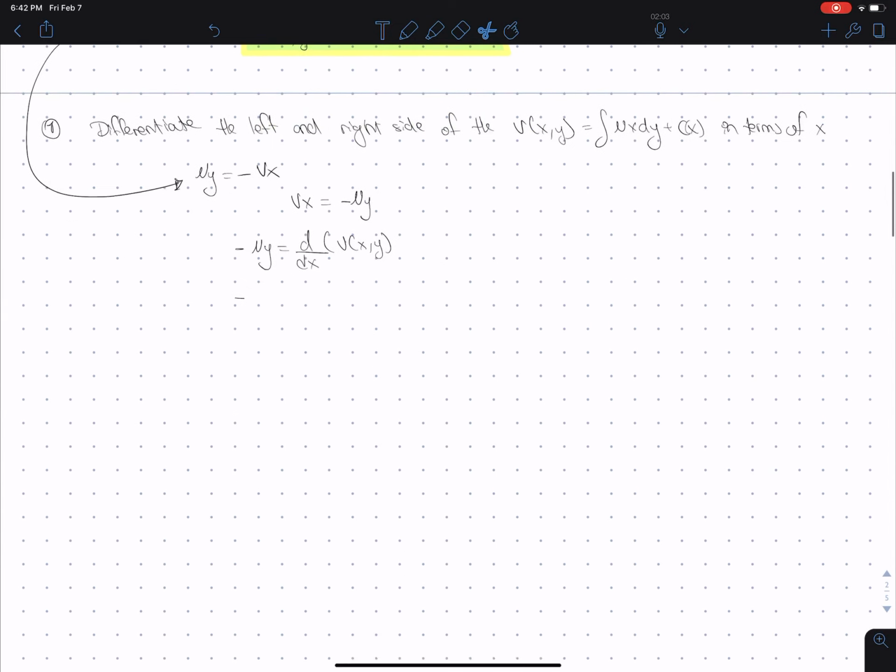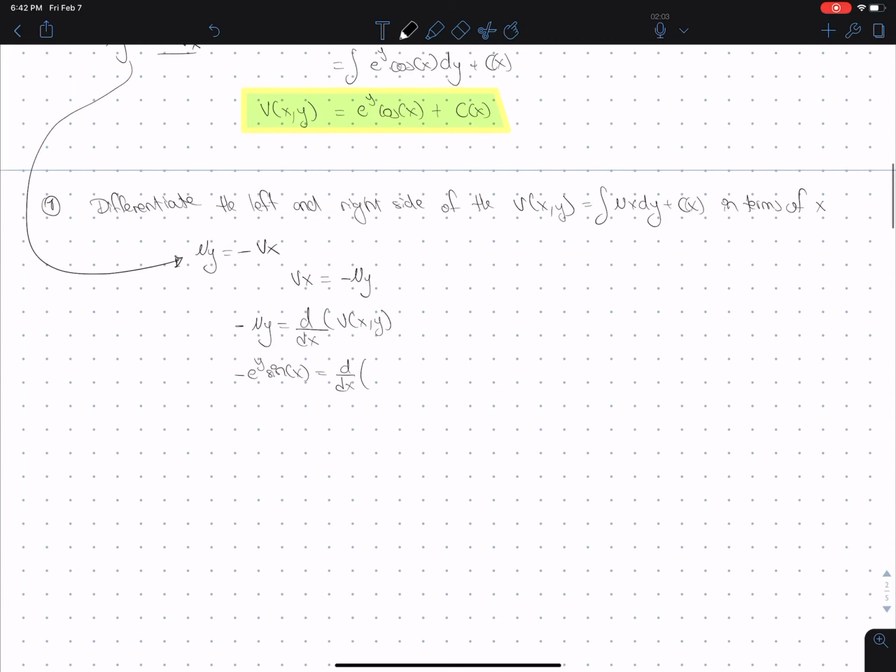So then we can plug in here, with the difference that it is a negative e to the y sine of x equal to the derivative in terms of x of b of x and y, which we have already calculated is equal to e to the y cosine of x plus a constant in terms of x.